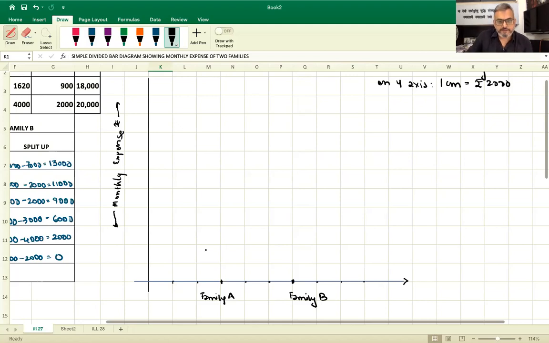Now monthly expense, what I have taken is, I have taken 1 centimeter is equal to 2000. Okay, so I will start from your 2000. You can take 1000 and you can do it.